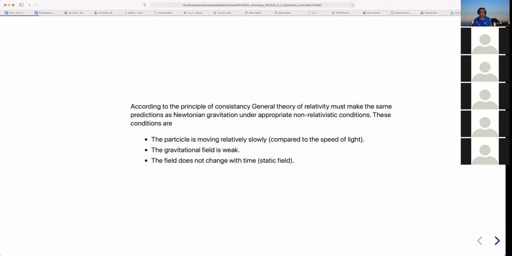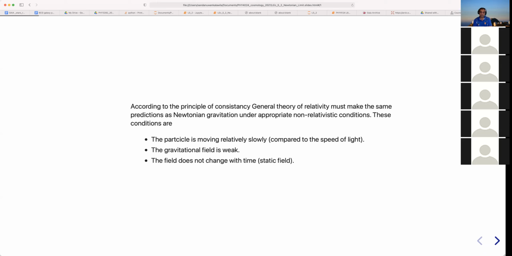Now, what are those conditions then? Right? So these conditions should be non-relativistic conditions. And there are three basic conditions that we can apply for Newtonian theory. Number one is that the particle is moving relatively slowly, which means you don't need to consider high speeds compared to the speed of light.